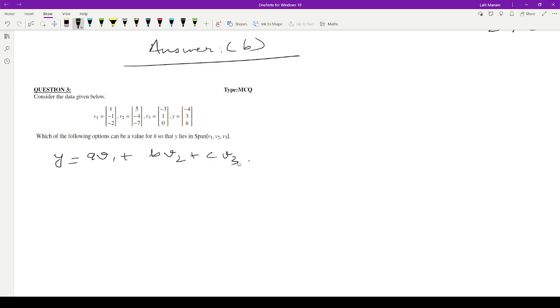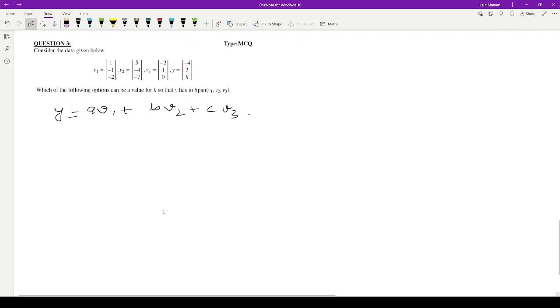which means that we can do it another way as well. We'll again construct a matrix like we constructed earlier.